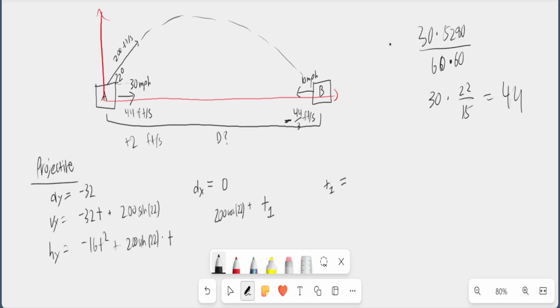And what's the velocity of the car? It would be 44 plus 2t, right? So that would go in there. That's all that would change, right? Your initial velocity would go up.